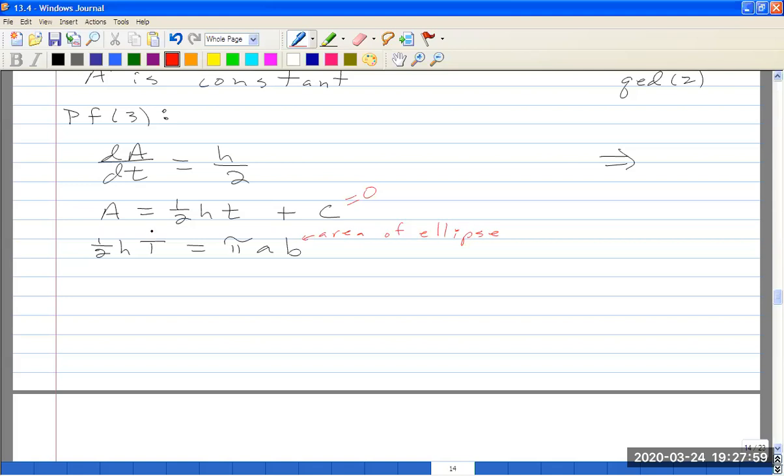And this is a year, or whatever you want to call it. This is time of it to complete one orbit.